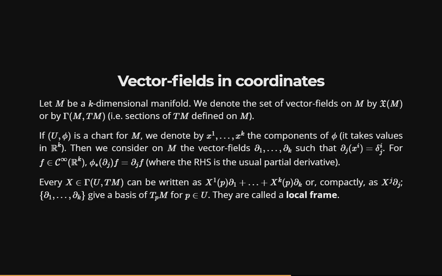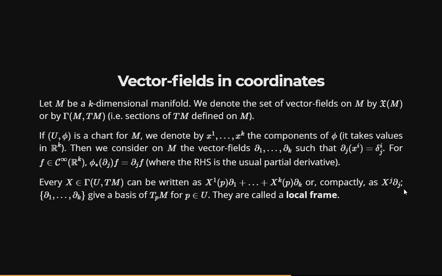Now, every vector field in your open set U can be written as x1(p) times the first basis vector field plus ... plus xk(p) times the kth basis vector field. Or compactly, this is a notation you will find a lot of times in differential geometry, xj times partial j.